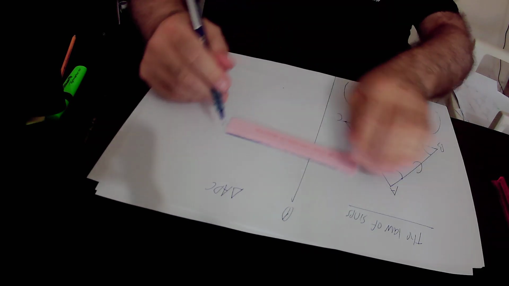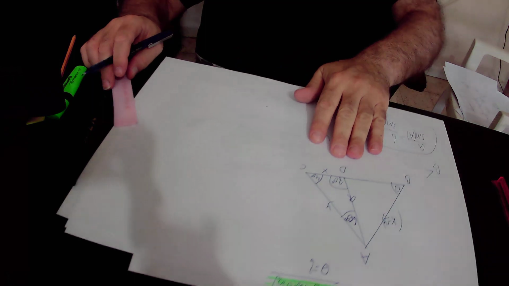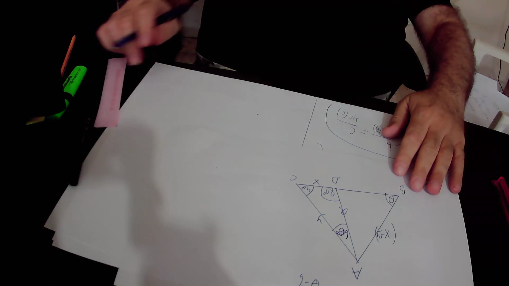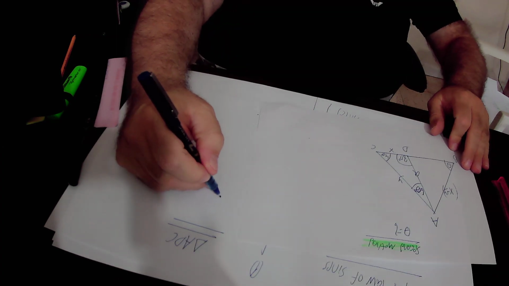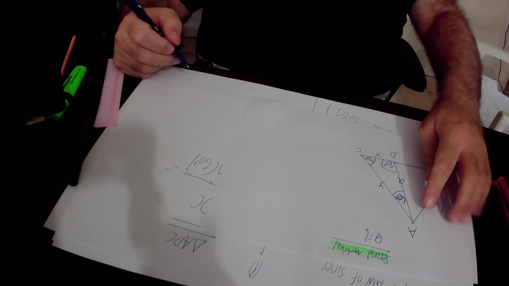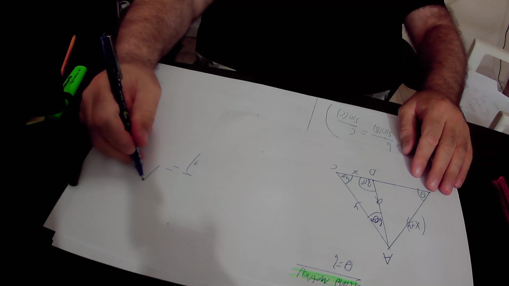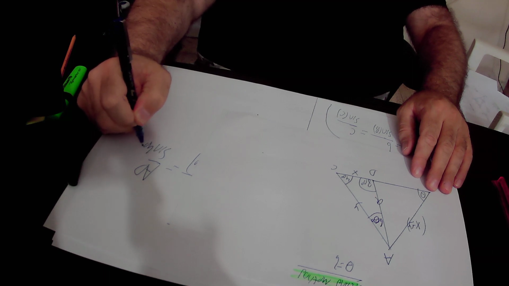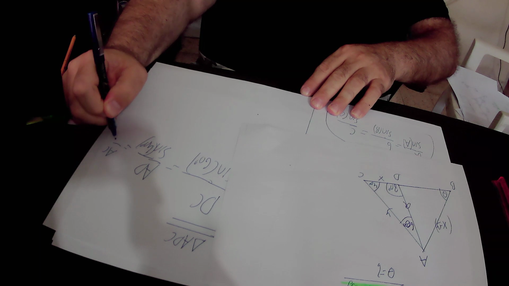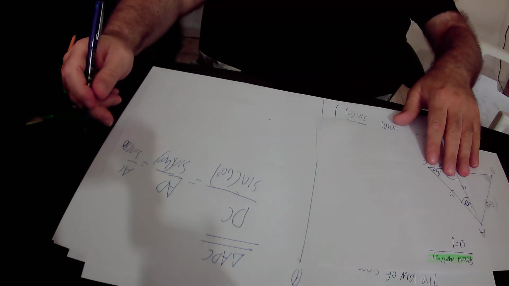So in triangle ADC, according to the law of sines, we get that DC over sine 60 degrees equals AD over sine 40 degrees, and it is equal to AC over sine 80 degrees.